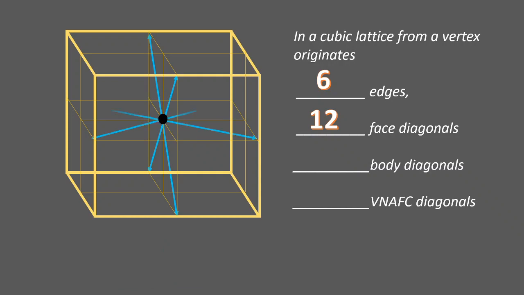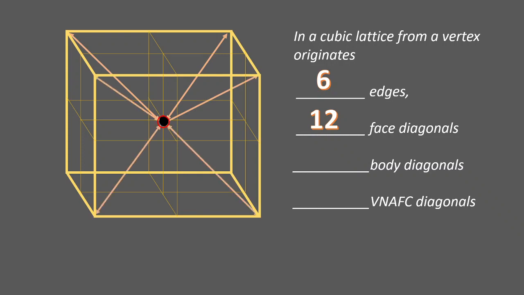Okay, the 12 face diagonals, you can see here in a better perspective. And then we can think about the body diagonals. From this vertex, you can see that in these 8 octants, there is 1 body diagonal in each octant. So that would be a total of 8.